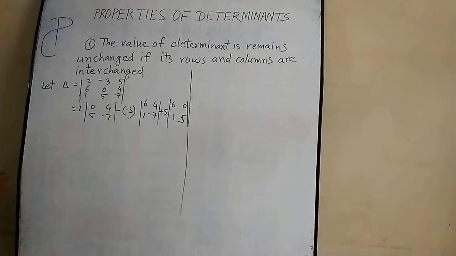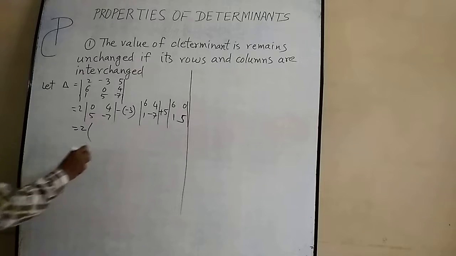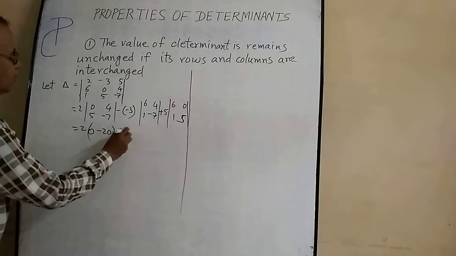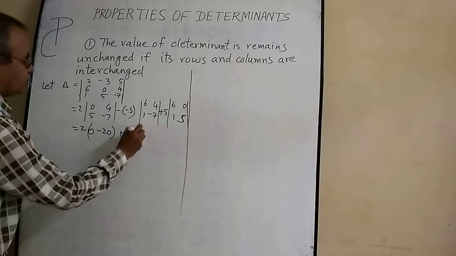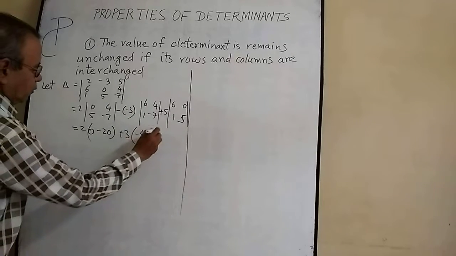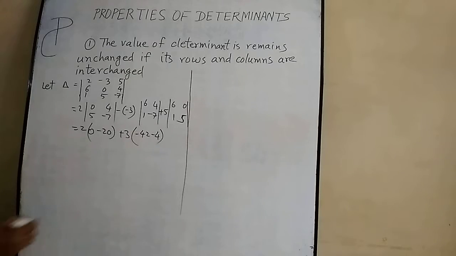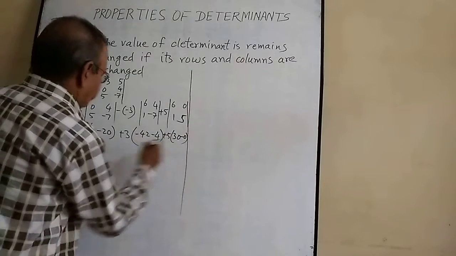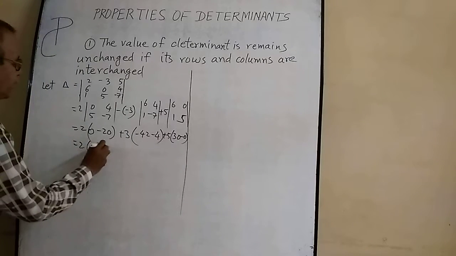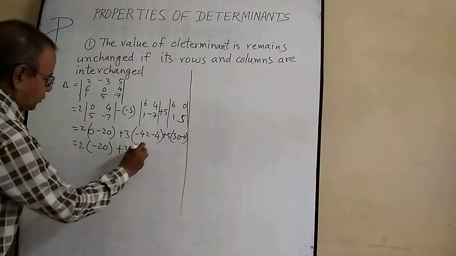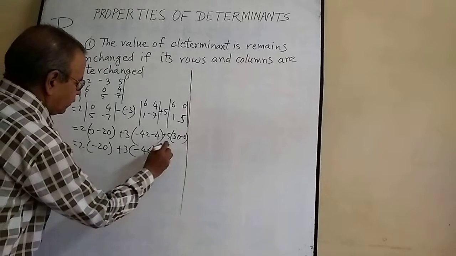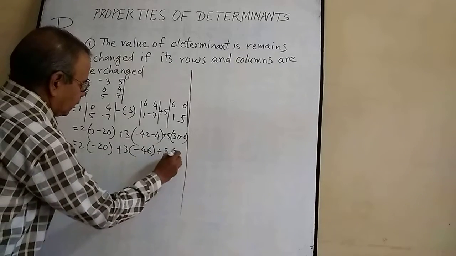So we can say, that is 2 into 0 minus 7 is 0, minus 20, plus 3, minus 42 minus 4, plus 5, that is 30 minus 0. So 2 minus 20, plus 3, minus 46, plus 5 into 30.